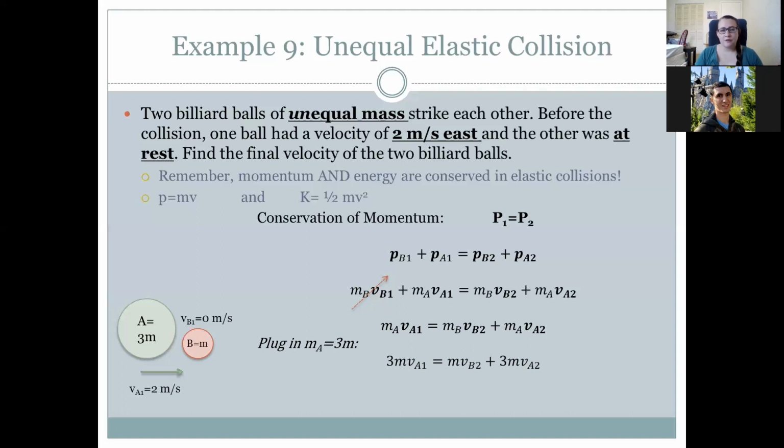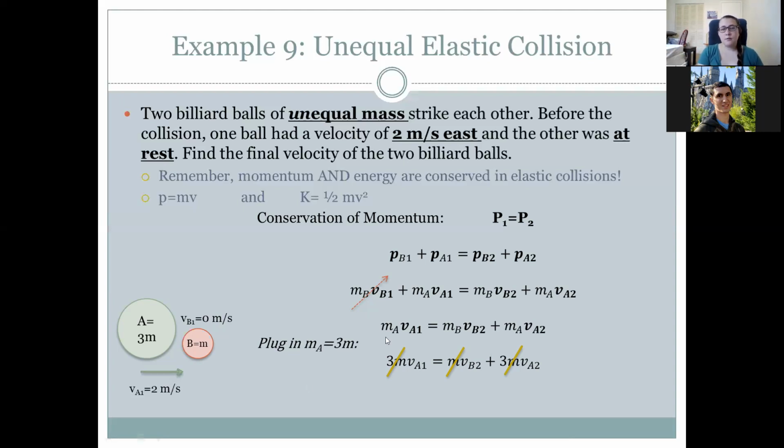So we'll plug that in for the mass of A. 3 times mass times velocity of A equals mass times velocity of B plus 3 times mass times velocity of A final. All right. So now that we have everything in terms of the mass of ball B, we can cancel out those masses.